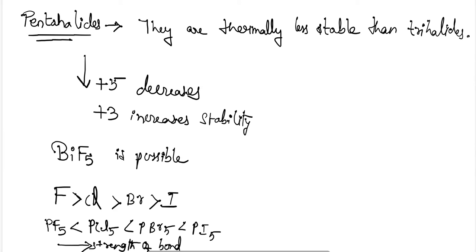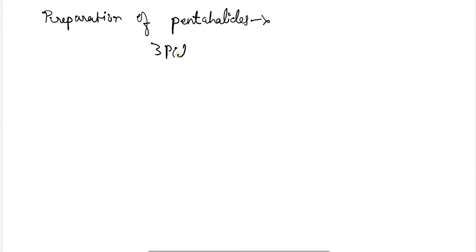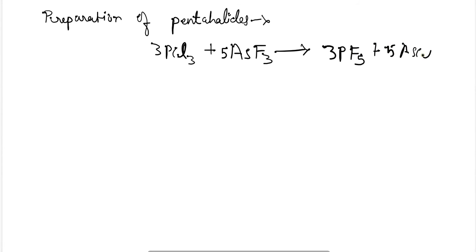Next, how are we going to prepare these pentahalides? Preparation of pentahalides: 3PCl3 plus 5AsF3 gives 3PF5 plus 5AsCl3.